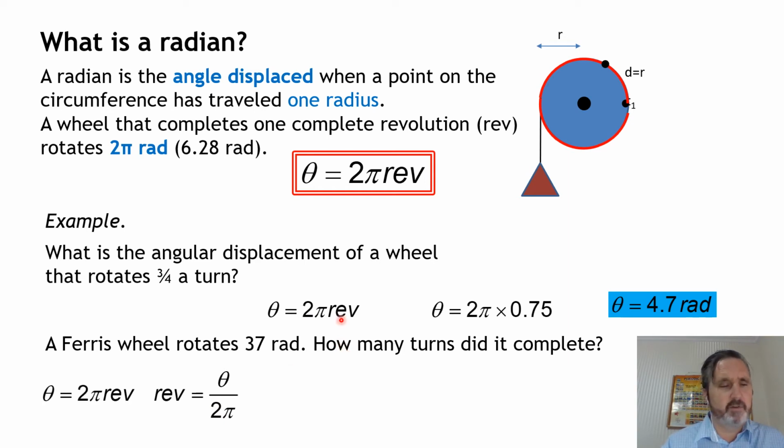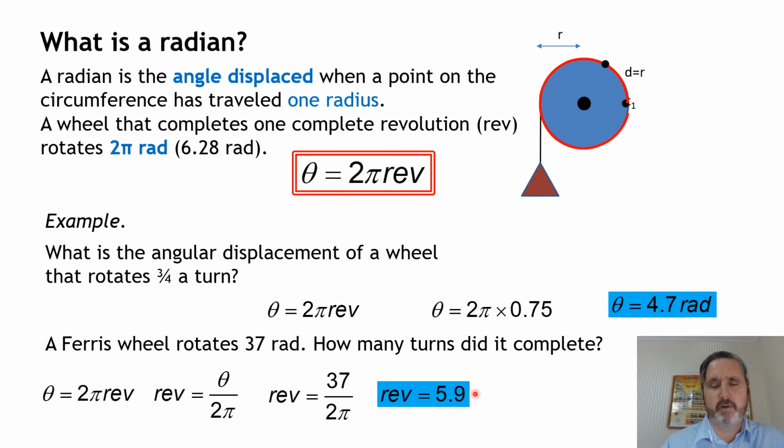Let's put the numbers in here. We get 37 divided by 2 pi, and we get an answer of 5.9 turns. So if a Ferris wheel went around 37 radians, it would have done 5.9 turns.